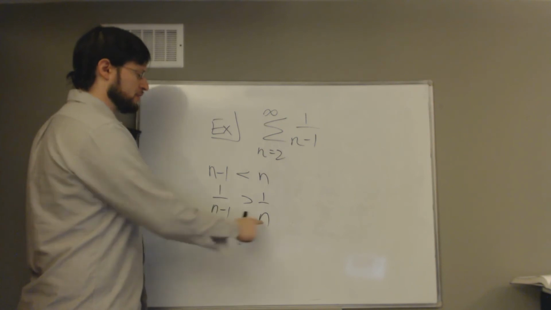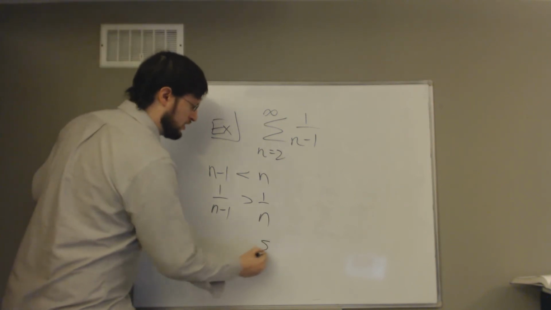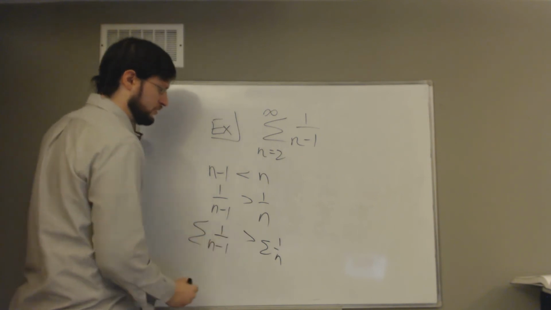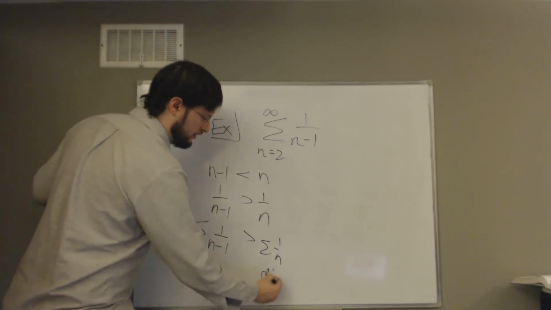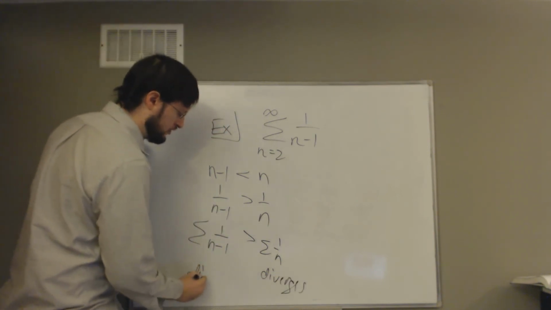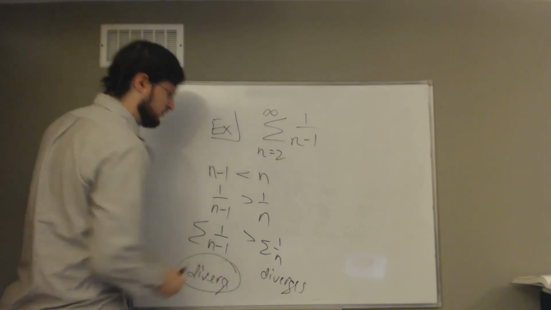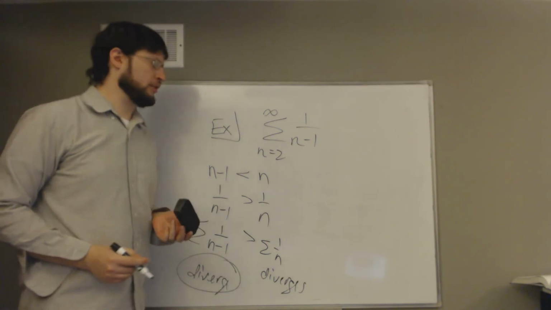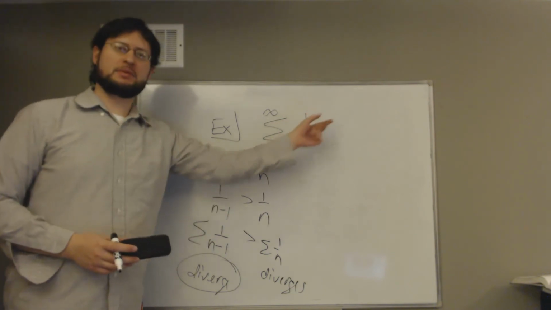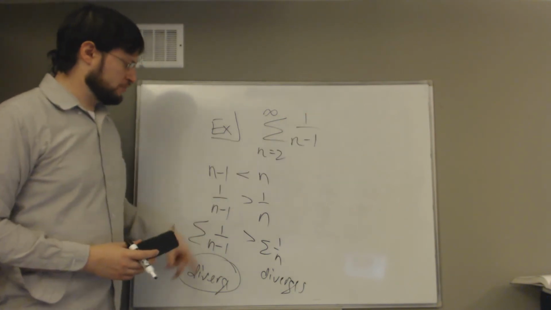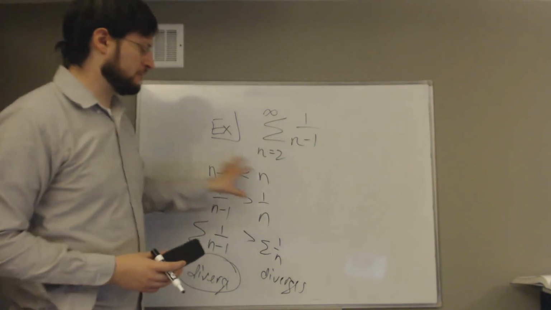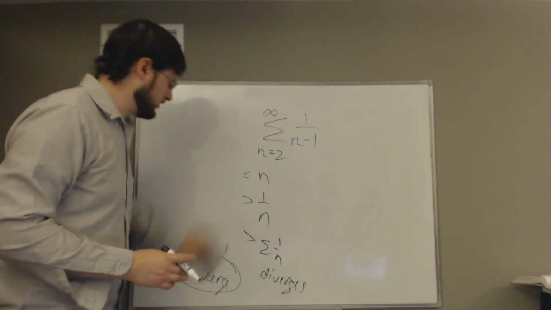So 1 over n minus 1 is bigger than 1 over n. The sum of 1 over n, therefore, is less than the sum of 1 over n minus 1. This diverges. If I'm bigger than a divergent series, then this must diverge as well. And this is the basics of the comparison test. I compare this to something that I know. If I want to conclude that this diverges, I better be bigger than something that I know diverges.